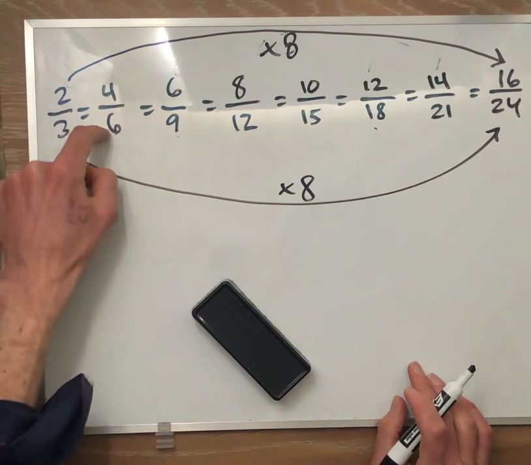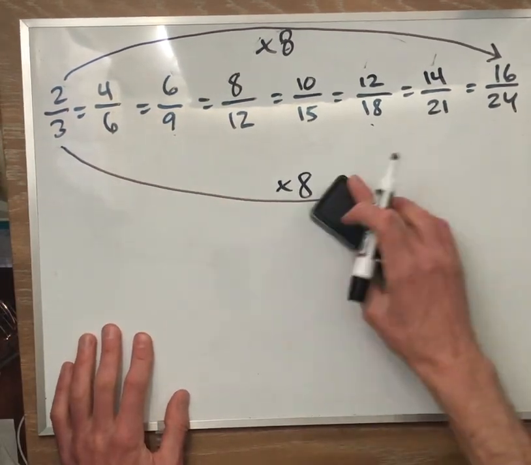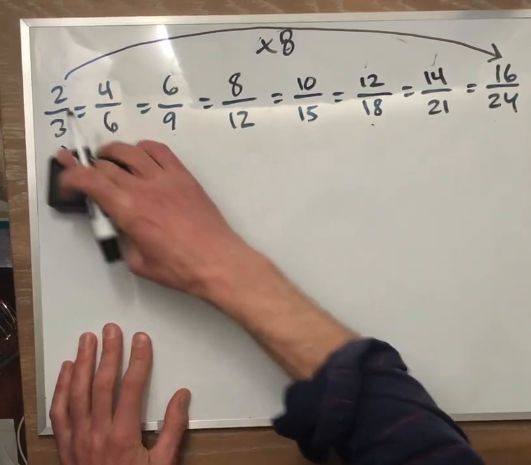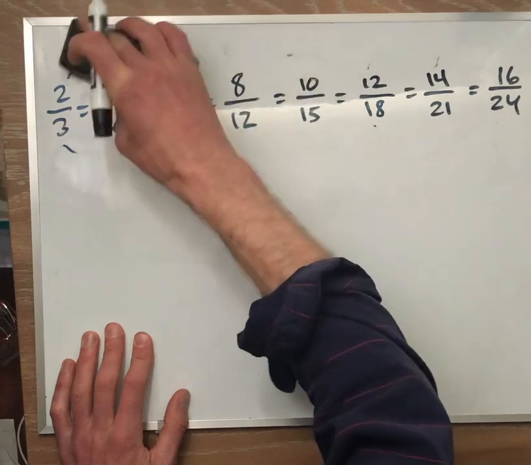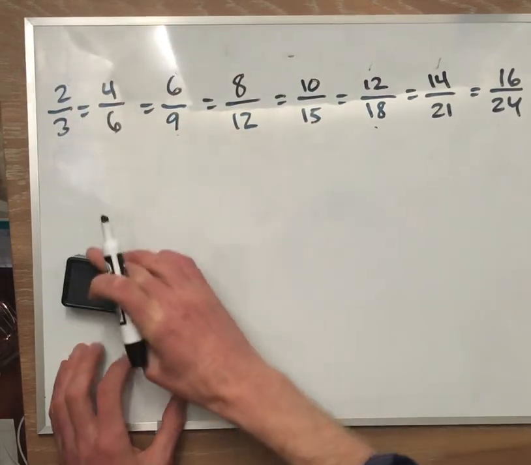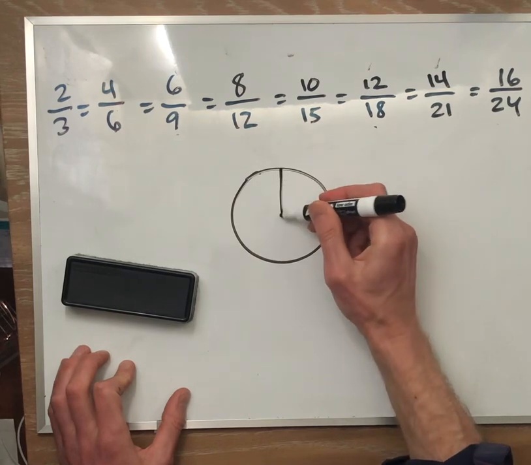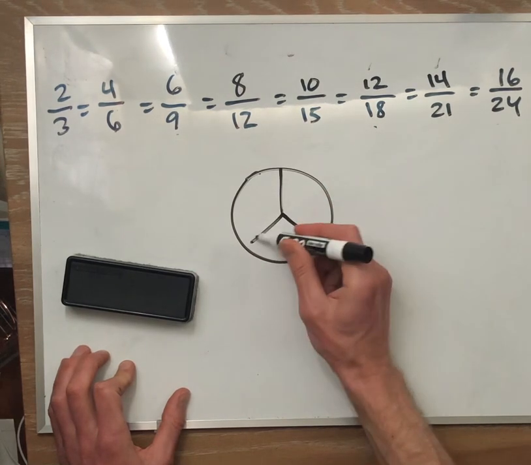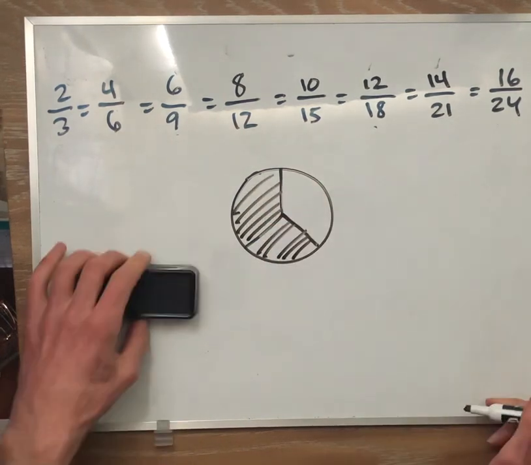2 over 3, 4 over 6, 6 over 9, 8 over 12. All of these fractions are equivalent. They all look like this, 2/3.